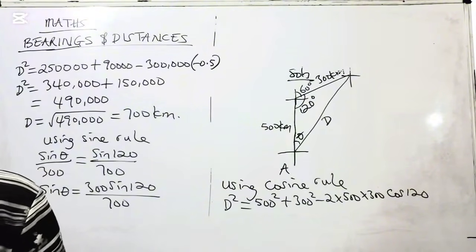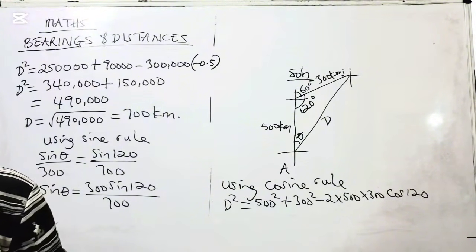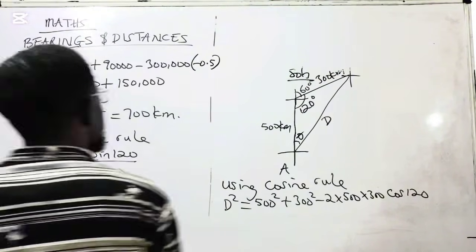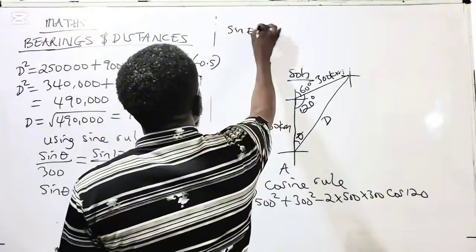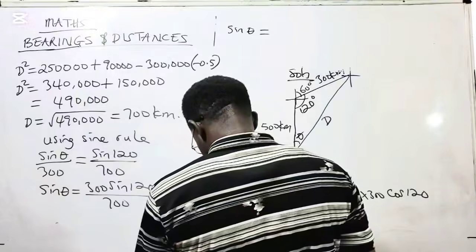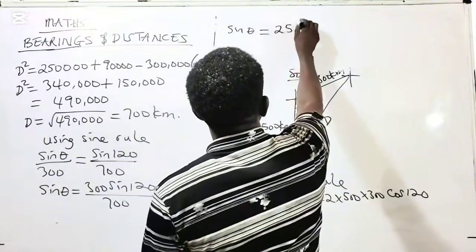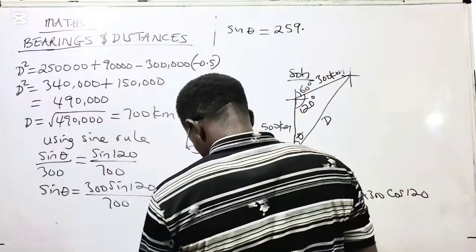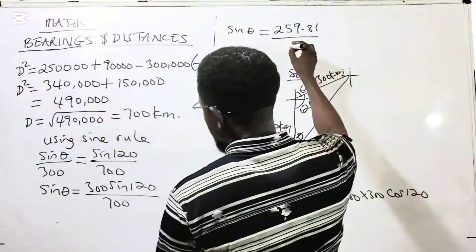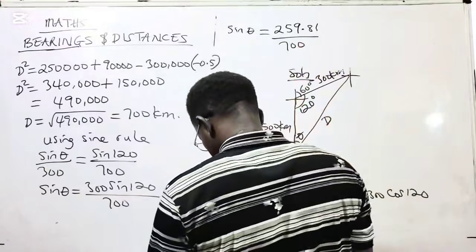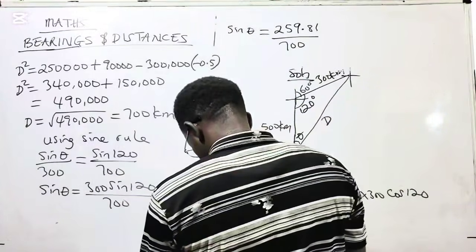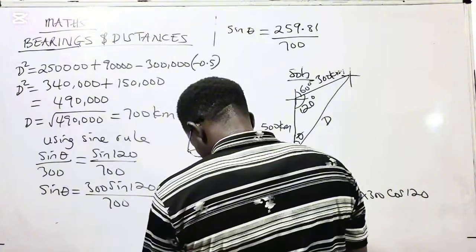So I have 300 sine 120 equal to 259.81, divided by 700.